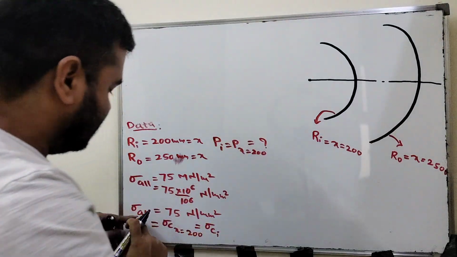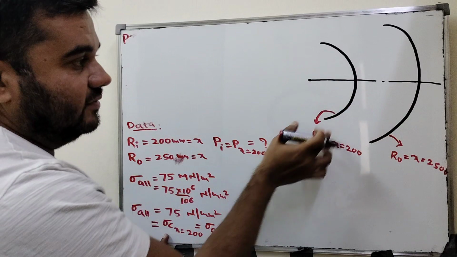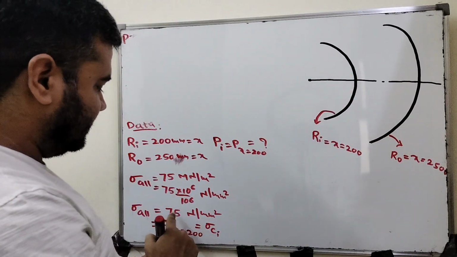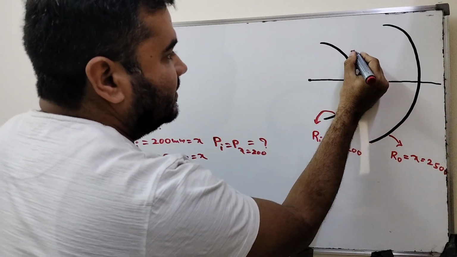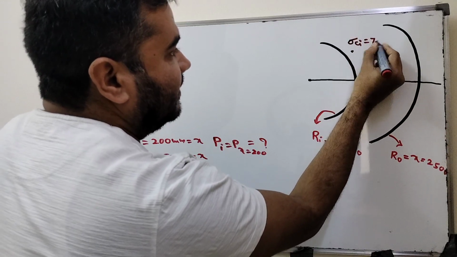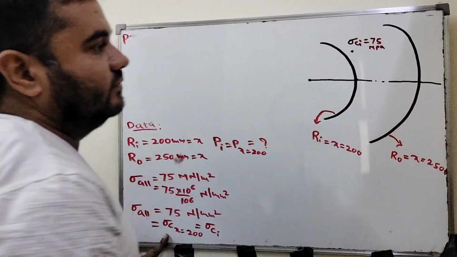Now he is given the circumferential stress. We have to mark it on the upper side, at the inner wall, at 200 mm. It is 75. From this point to this point, just mark 75. That is sigma Ci equal to 75 Newton per mm square, that is MPa.